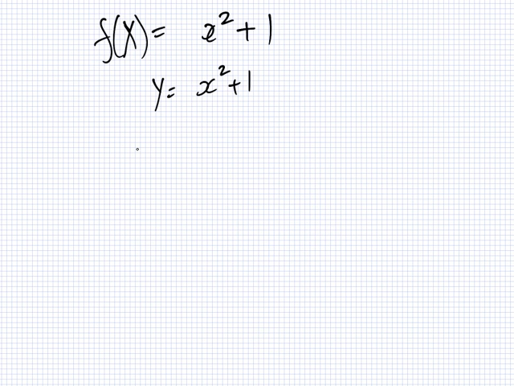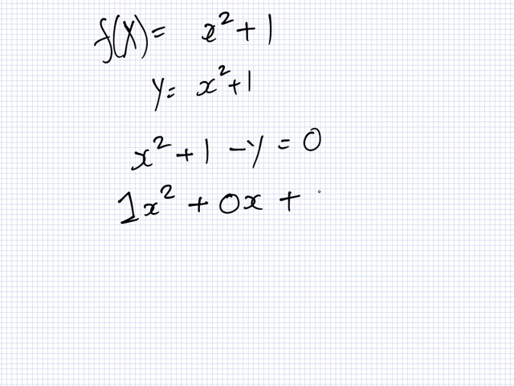Next step is x squared plus 1 minus y equals 0. Or, to be very clear, 1x squared plus 0x plus 1 minus y equals 0. So what type of equation is this?